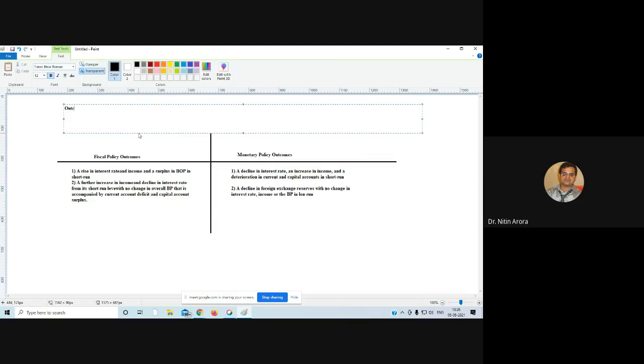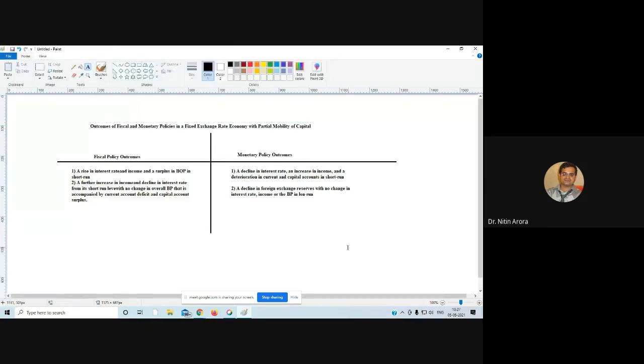So, outcomes of fiscal and monetary policy. Hope you may conclude which policy is better.